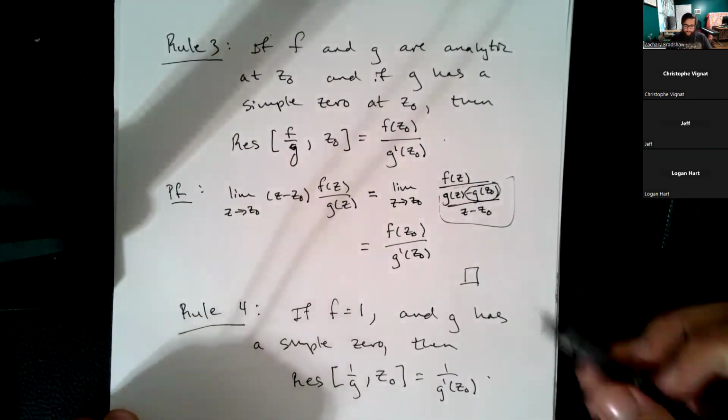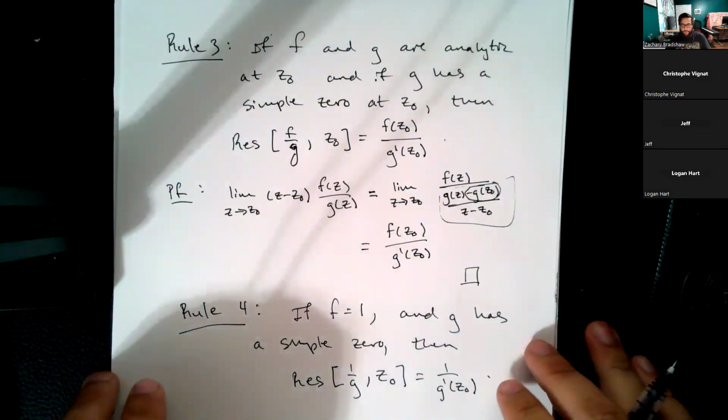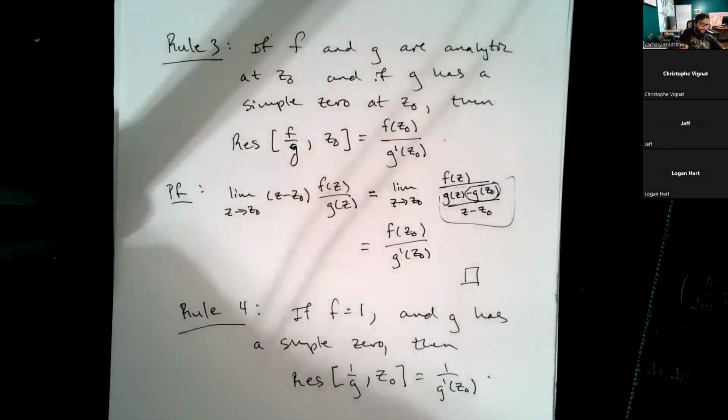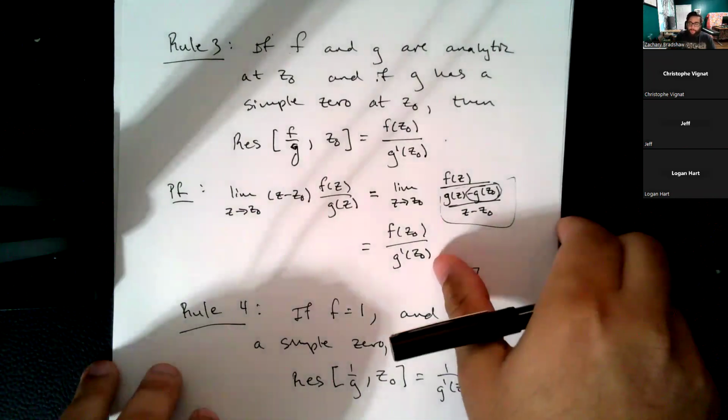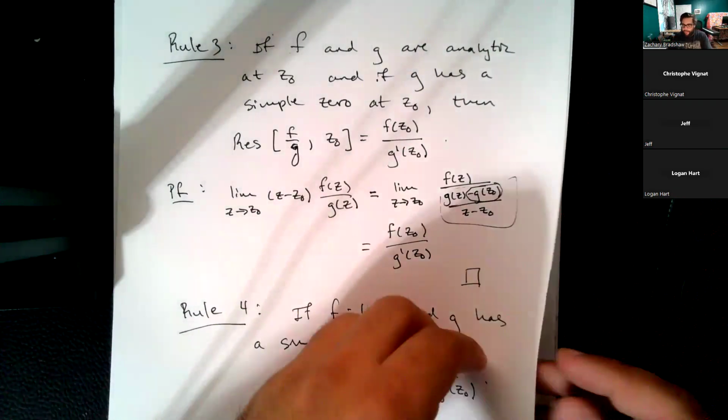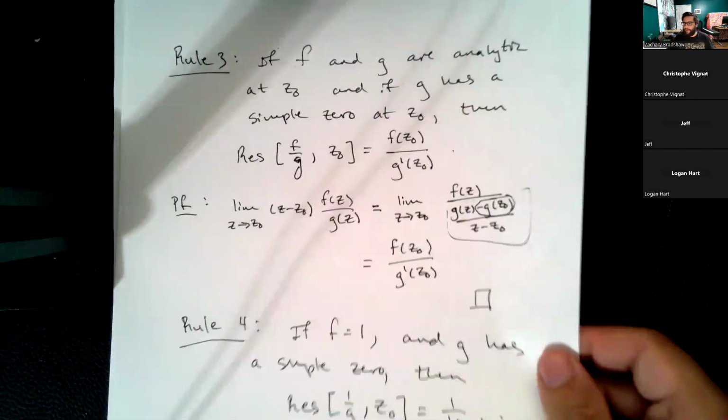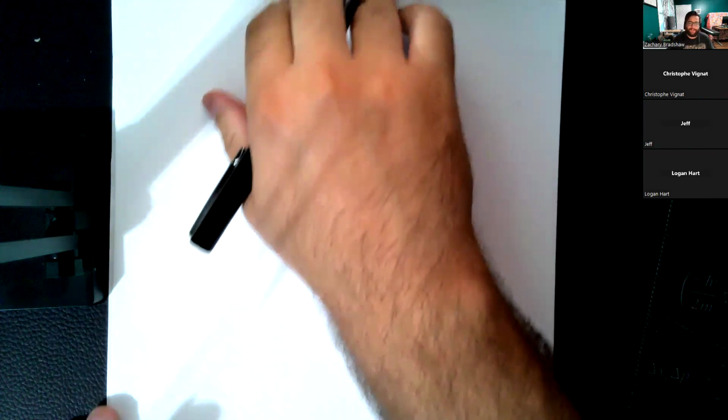Okay, so just apply rule 3, set f equal to 1. All right, so these are the nice rules that usually get used when computing residues. They're the only ones that Gamblin mentions, and so they're probably sufficient for any exercises in his text if anybody wants to do them. But without further ado, let's do some examples.